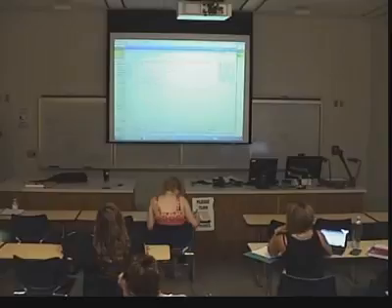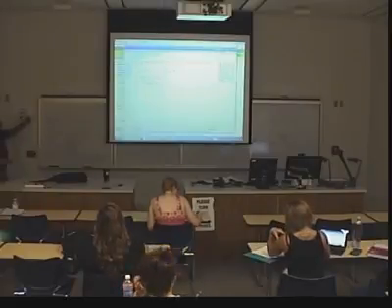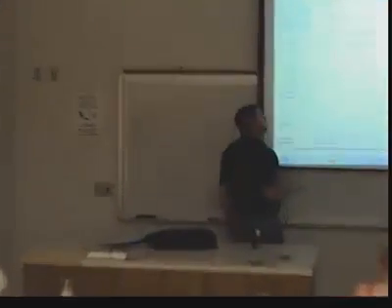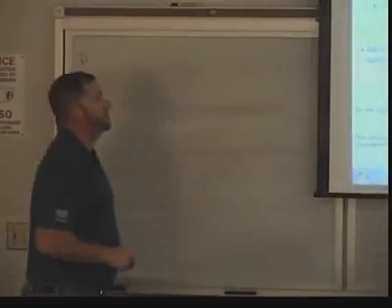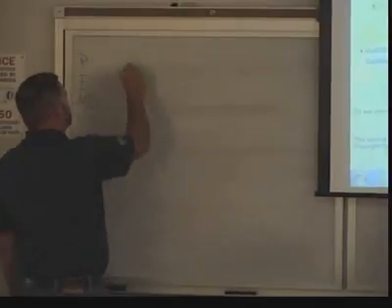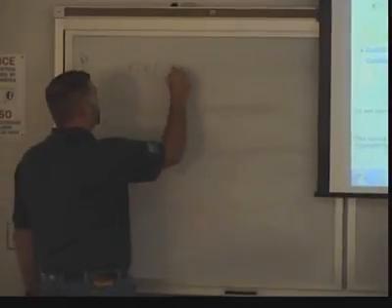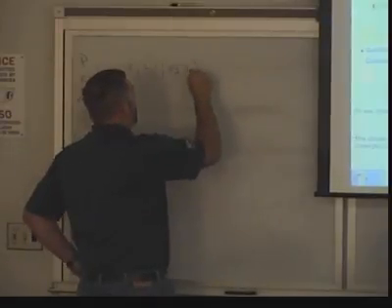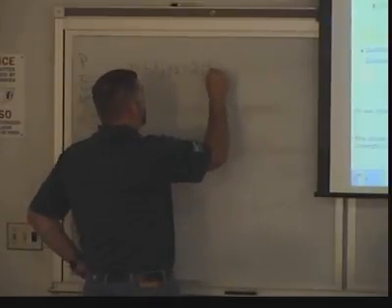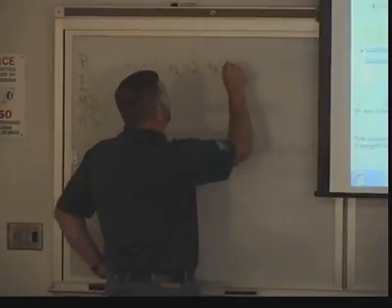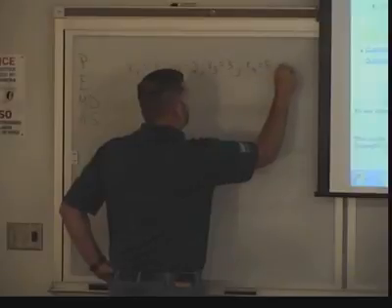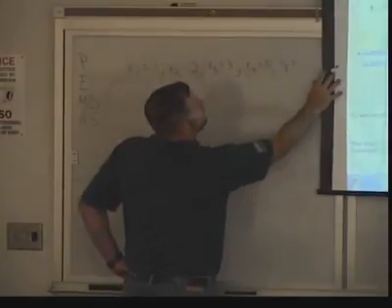A good way to remember that is please excuse my dear Aunt Sally. So we always do the parentheses first, so we do this subtraction before we apply the square. Our values are x sub 1 is 1, x sub 2 is 2, x sub 3 is 3, x sub 4 is 5, and x sub 5 is 2.